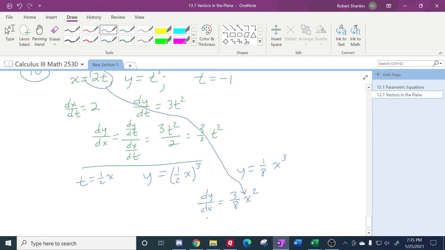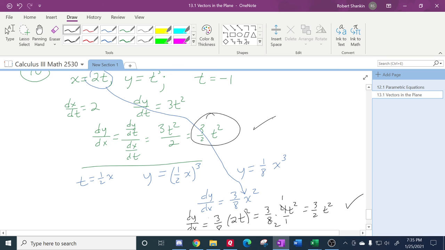Okay, so then dy/dx is 3/8 times (2t) squared, which is 3/8 times 4t squared, 4 cancels, which is 3/2 t squared, same answer that I was getting before. So it checks either way. I'll get the same answer. Okay.